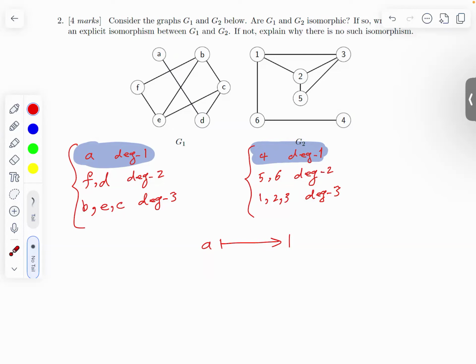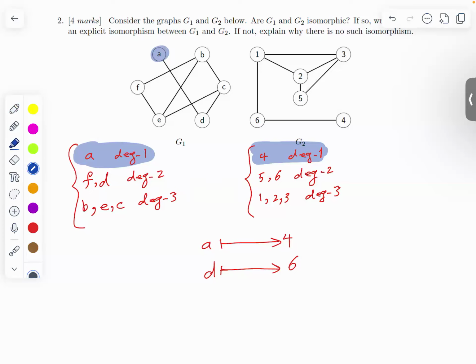the second map, the map of the edges. The map of the edges also should work. So A goes to D, so 4 goes to 6. This means D goes to 6.